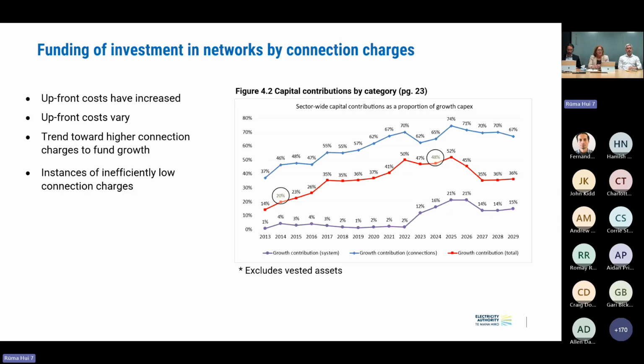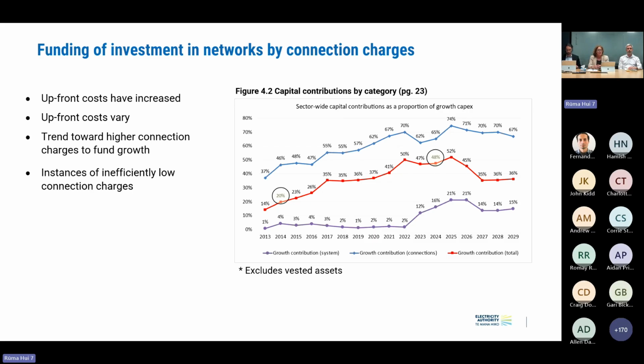We observe there has been a steady trend over the last decade of an increasing reliance on upfront charges to fund expenditure relating to connecting customers to the network and system growth. The graph here looks at two categories of capital expenditure that are relevant to connection pricing methodologies: connection CapEx and system growth CapEx.